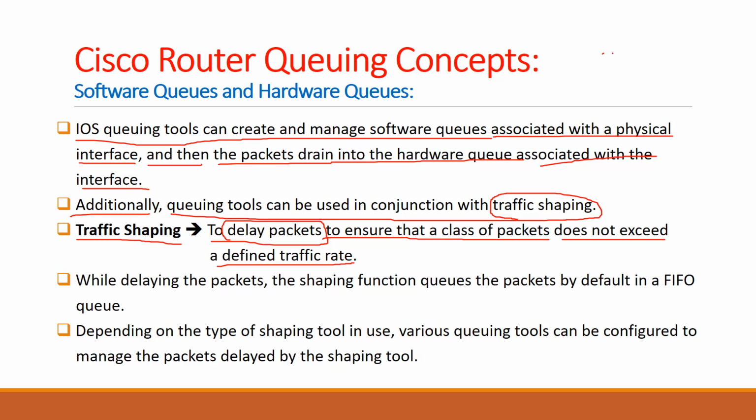If, for example, you have a link with 5 megabits per second and you choose a specific traffic to use only 1 mega, you can use the traffic shaping tool to delay these packets to not exceed this 1 mega threshold. While delaying the packets, the shaping function queues the packets by default in a first in first out queue.